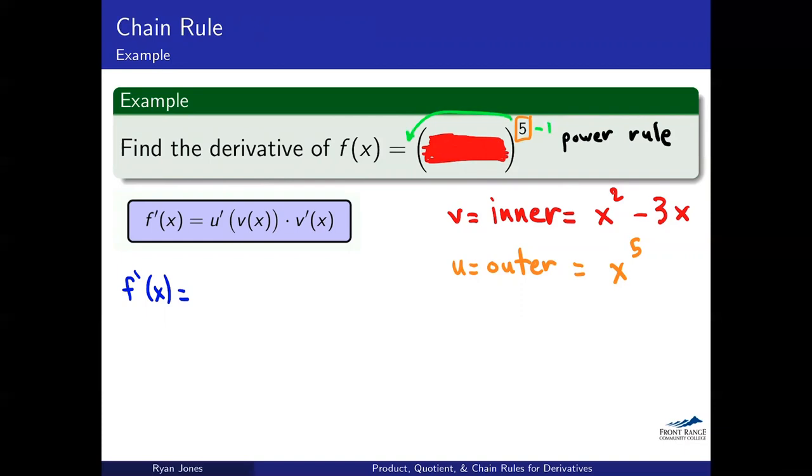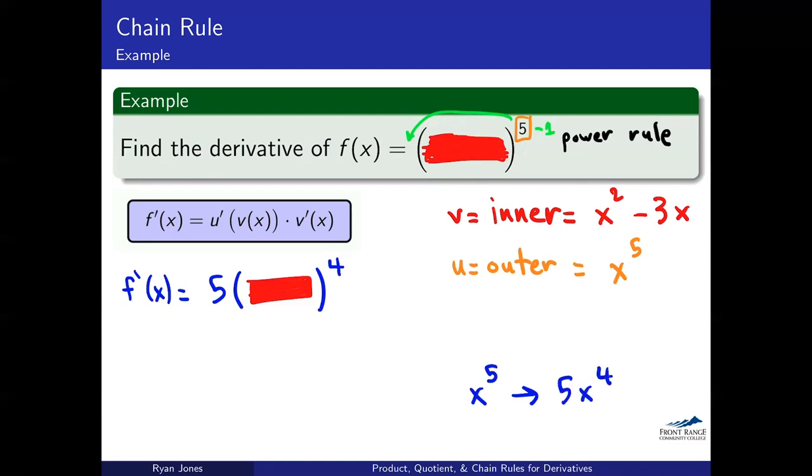So when I take my derivative here, I'm going to have 5 times my big red blob all raised to the 5 minus 1, which is just 4, right? You can see this as if I had x to the fifth and I took a derivative, I would have 5x to the fourth.